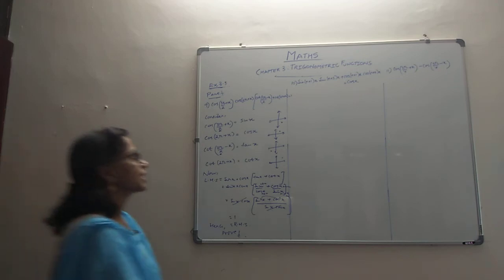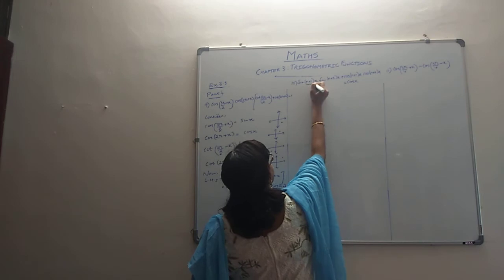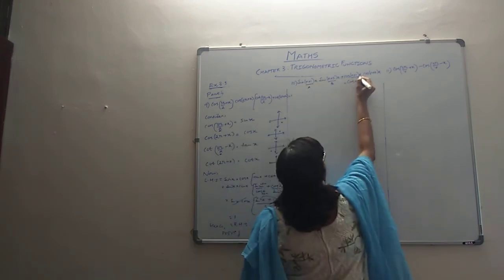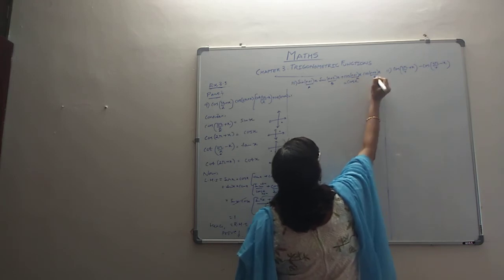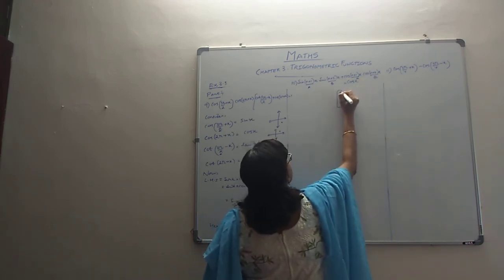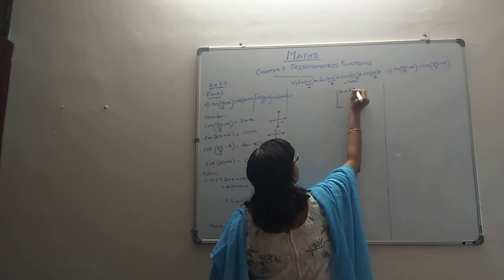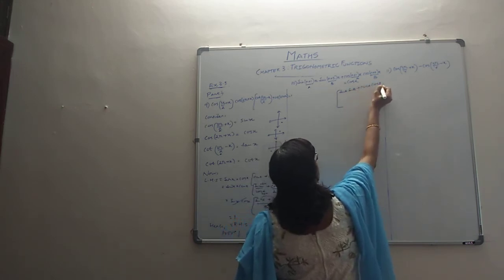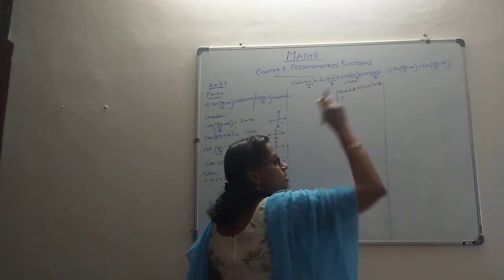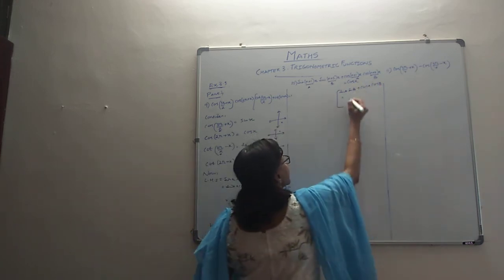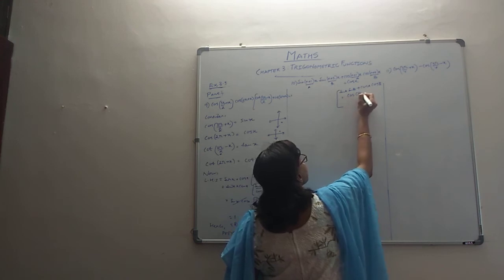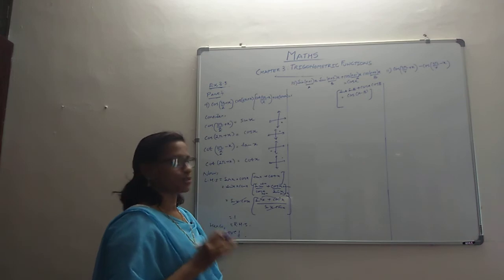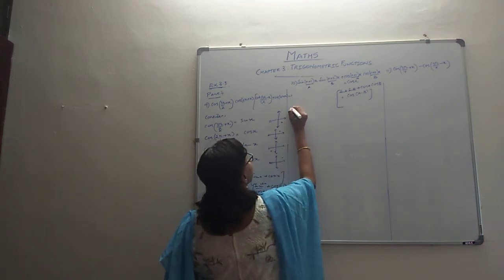Suppose we plan to call this A and this B. So we are getting sin A sin B plus cos A cos B, and we know by a formula that cos A cos B plus sin A sin B is nothing but cos(A minus B). We have learnt it.